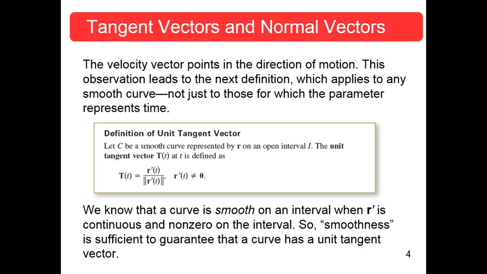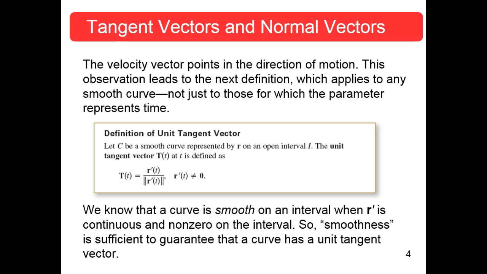Okay. Now, of course, the first derivative of your R vector cannot be 0, or else that doesn't make any sense. Okay? So in other words, basically, in terms of the physics type definitions, your speed can't be 0. In other words, it can't be at rest.